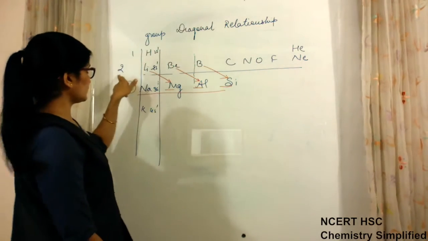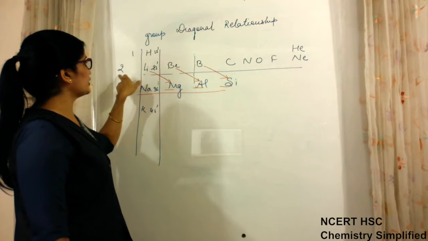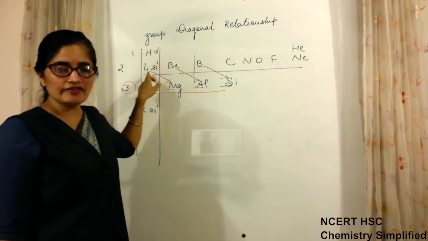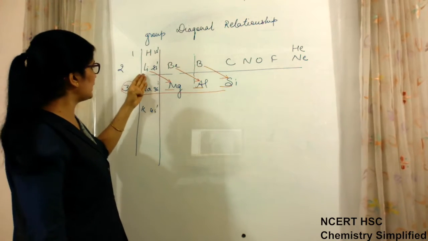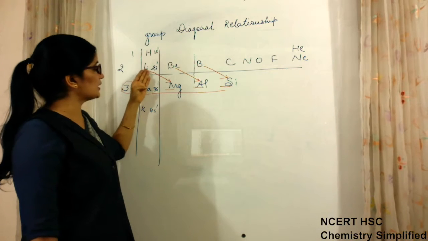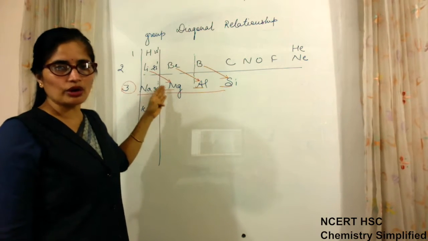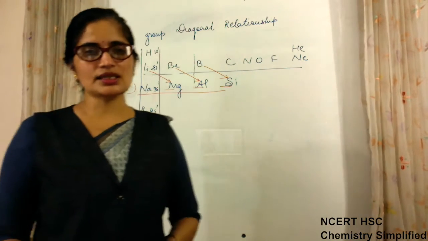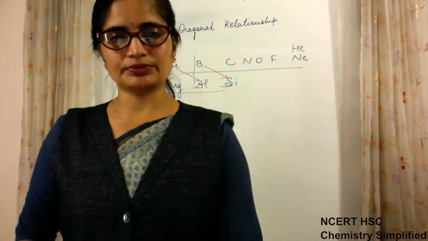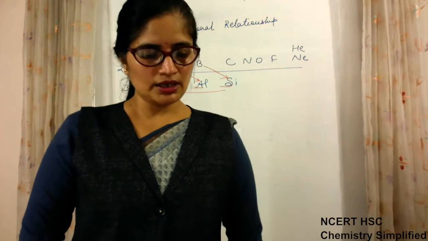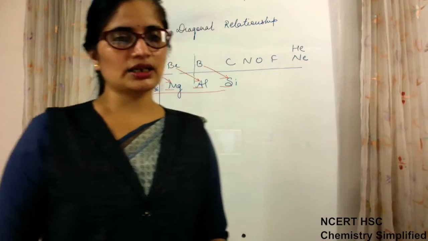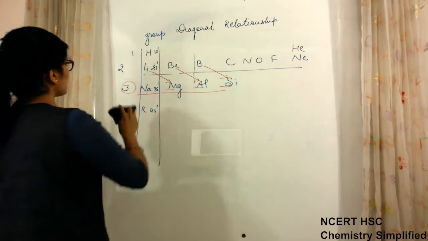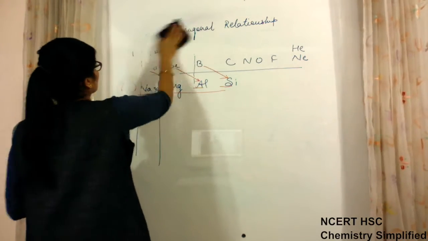The elements of the second period have more similarity with the element present in the diagonal group, not in the same group. This is diagonal relationship. This is the last topic we were about to discuss in this chapter.